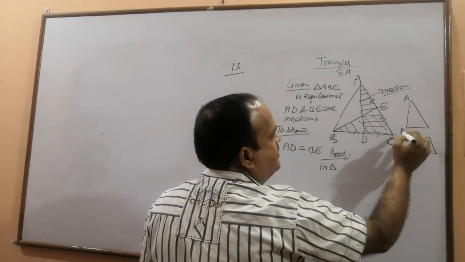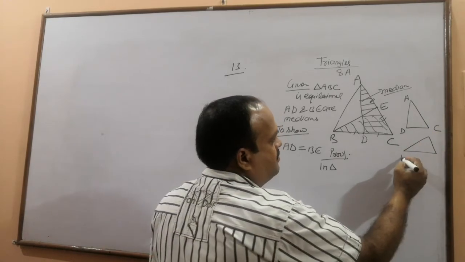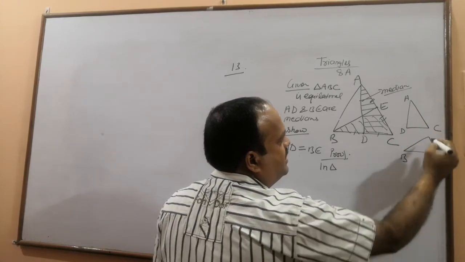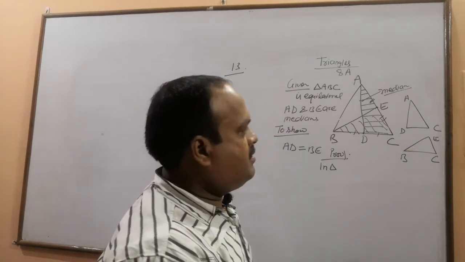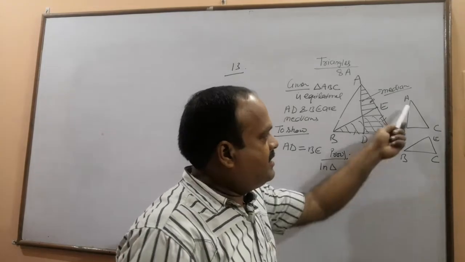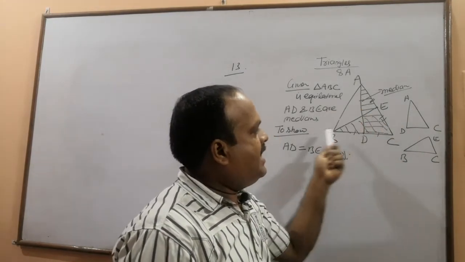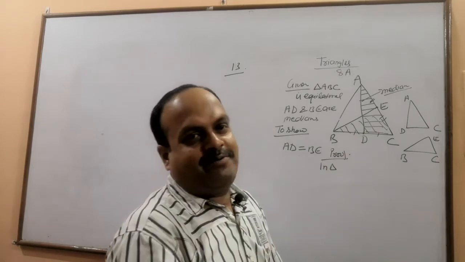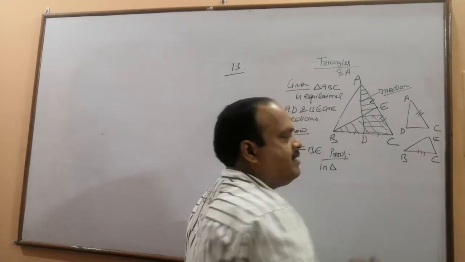A, D, C, B, C, E. Please look at AC and BC. AC and BC are the sides of equilateral triangle. They are equal.